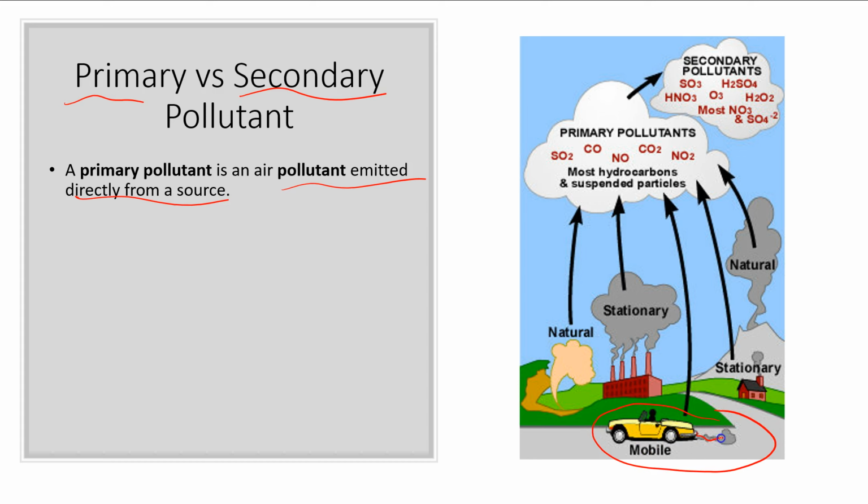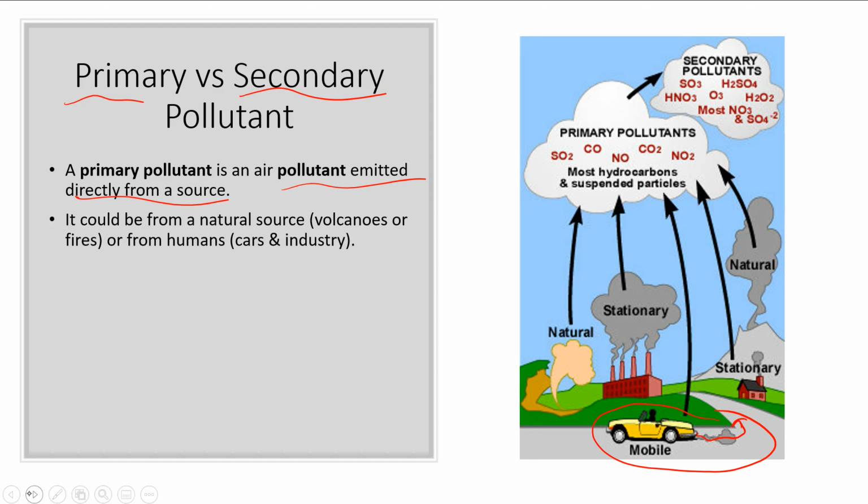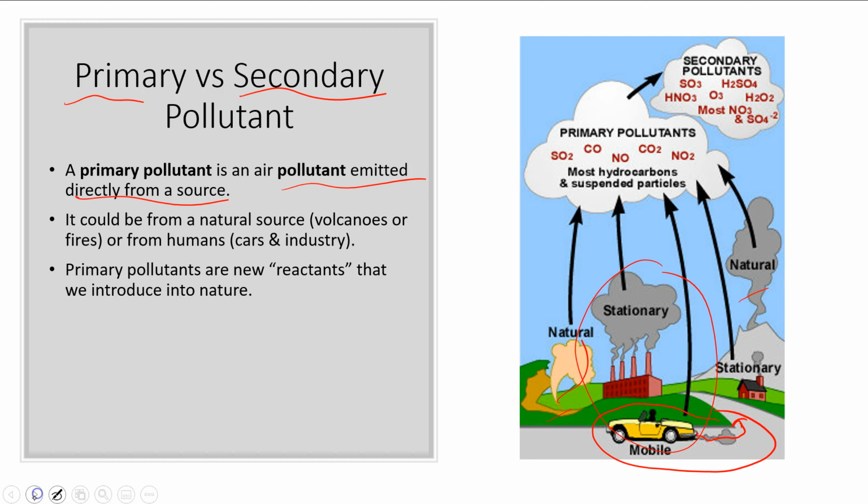Anything that is emitted by your automobile is considered a primary pollutant. Remember, those primary pollutants can come from human sources or natural sources, so a volcanic eruption or dust from a field or smoke from a fire could be natural sources. But most of what we're concerned with are human sources.